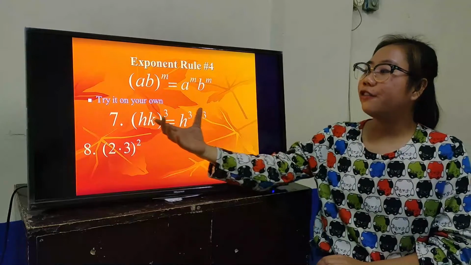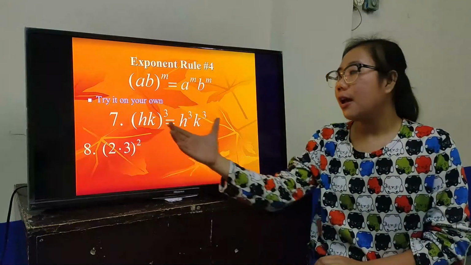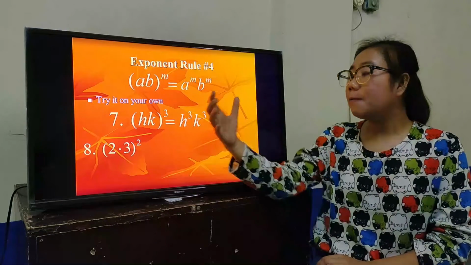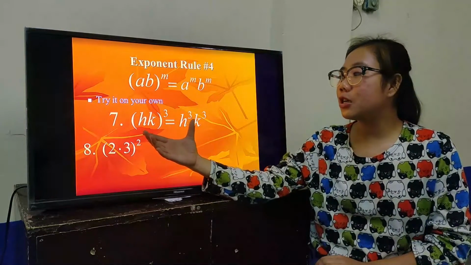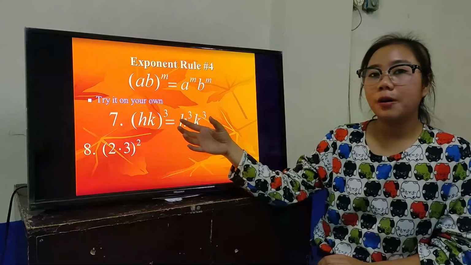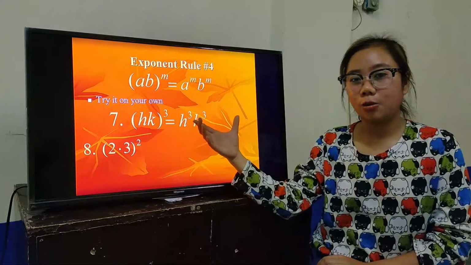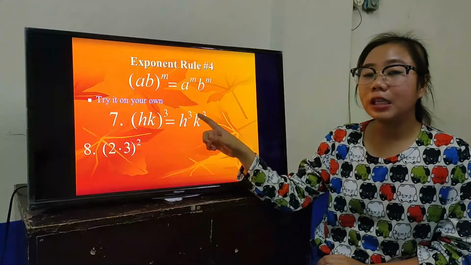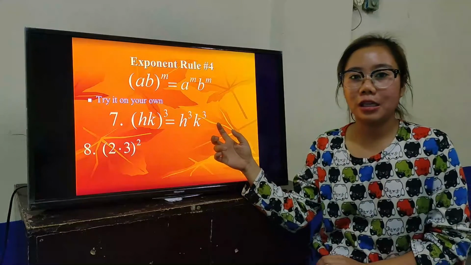So the answer for this expression is h cubed k cubed, or h to the power of 3, k to the power of 3.